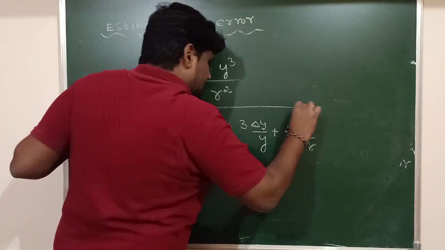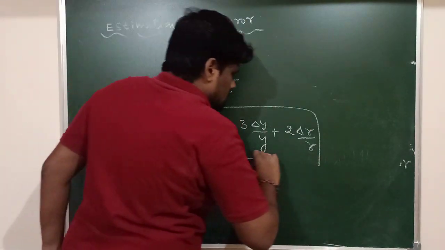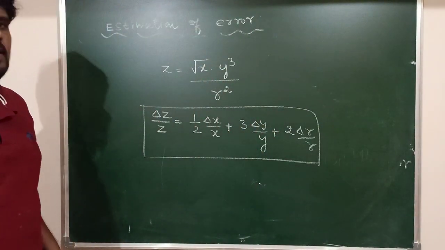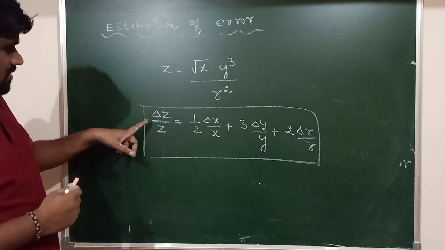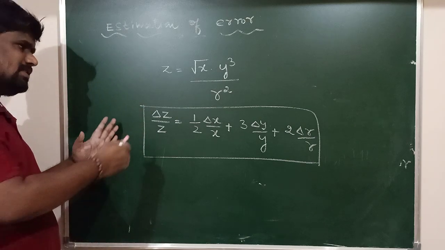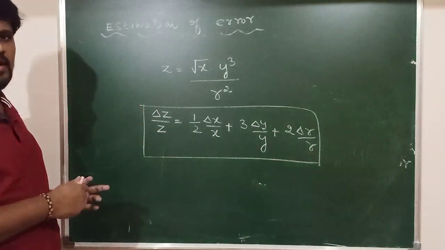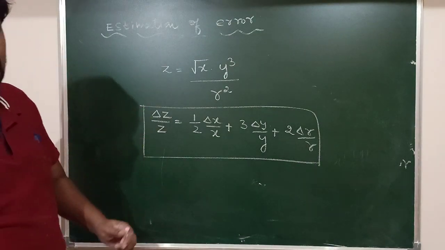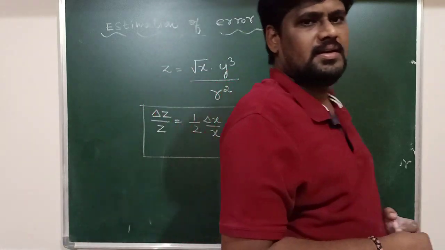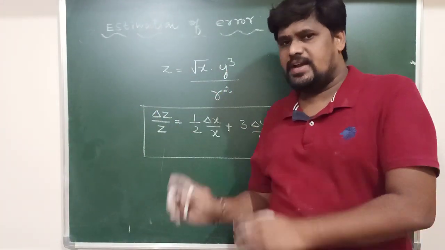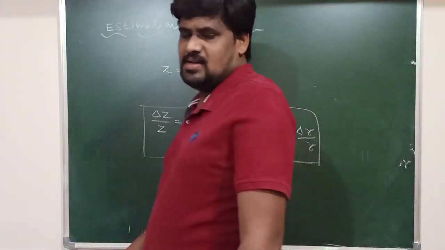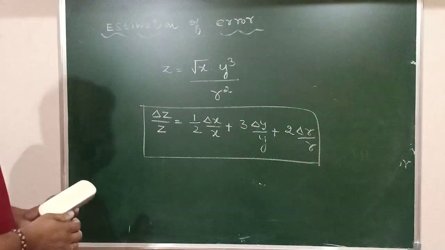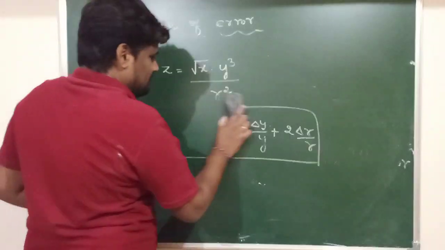So this is the maximum possible error in the measurement of z. This is called the relative error. If you multiply this by 100%, then definitely we will get the percentage of error in the measurement of z.